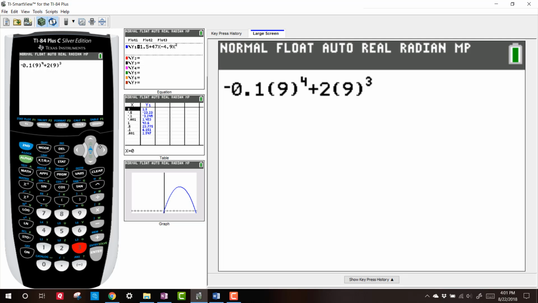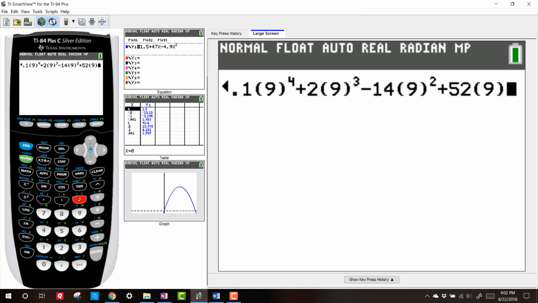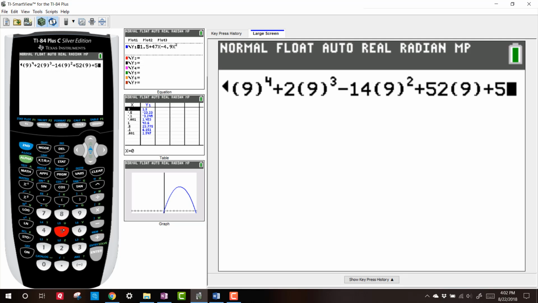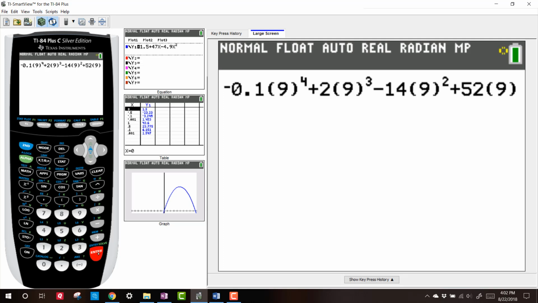We need to get out of the exponent. Minus 14 times 9, and we have an exponent of 2, and plus 52 times 9, and plus 5. Now, that takes a lot of keystrokes, I understand, but once I get into it, you can see that my answer is 140.9.